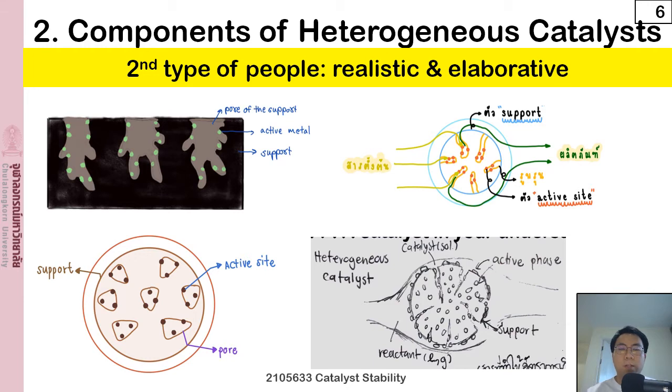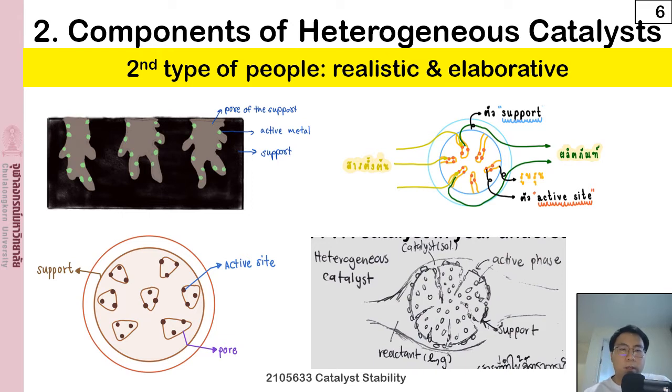So this looks like a more realistic catalyst, but as you know, we never know what the catalyst looks like because we cannot reduce the size of ourselves and go see the active site of the catalyst. We can only observe from the secondary evidence from the instruments. So this is the model based on that.